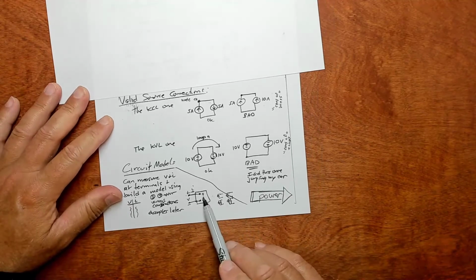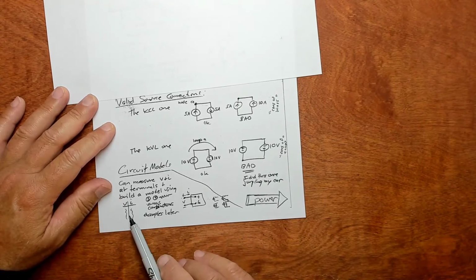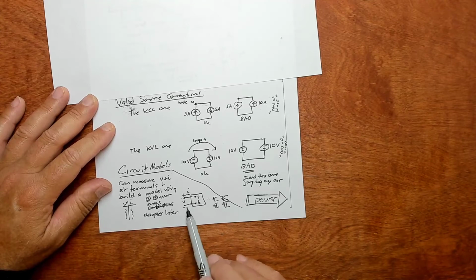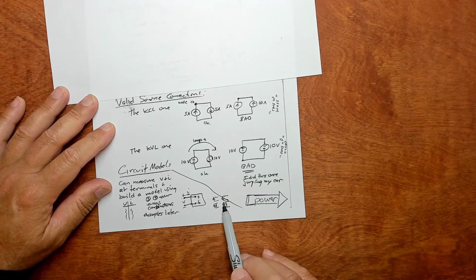Okay, for any situation like that, you can construct various models inside that will perform like this, that will simulate this. So this could be a very complicated circuit in here. It could be a million components in here. It could represent lots of things. It could even represent a subdivision of houses that are getting power. Okay, but whatever it is, you can simulate this with a very simple circuit.